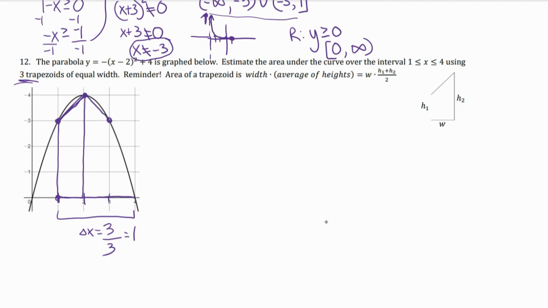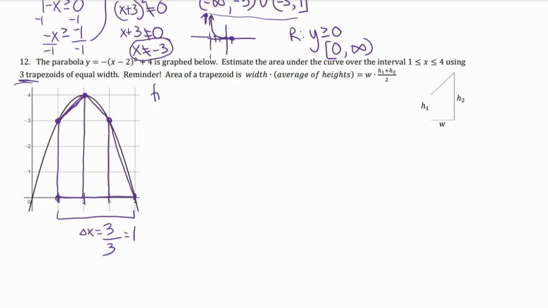So I have another one here. And then lastly, at 4, the function is already at the x-axis. So how do I go up to create a trapezoid? I don't. I have a triangle here, and the height of one side of the trapezoid is 0. If you have a triangle, that doesn't mean you should create your own weird trapezoid.